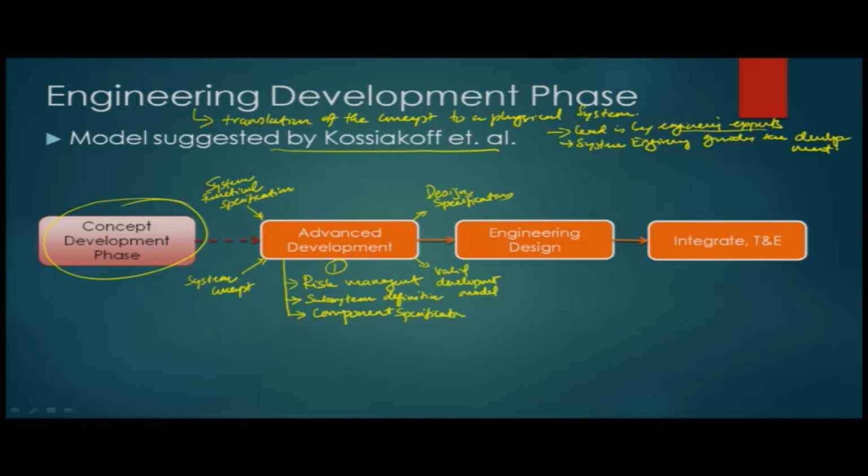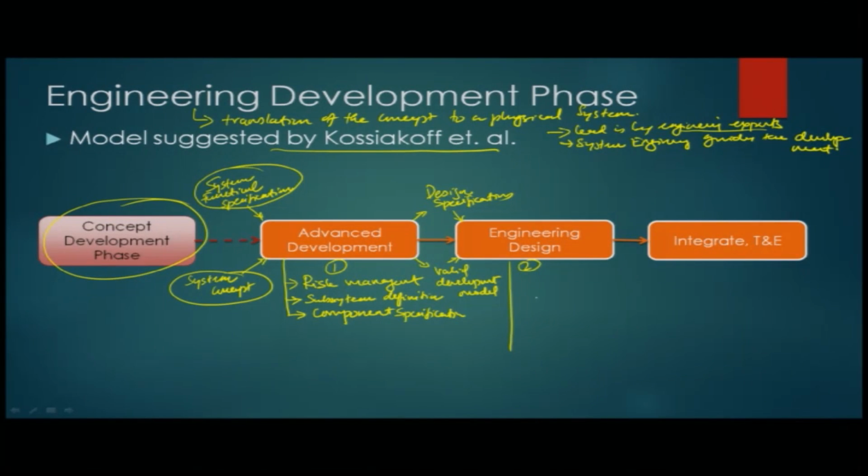So, the advanced development phase, which is the first phase of the engineering development phase, takes the system concept and the system functional specifications as input, and does risk management, subsystem definition, component specification, etc., to come up with a detailed design specification as well as a valid development model for the chosen system concept, which becomes input to the second phase of the engineering design, which involves multiple steps.